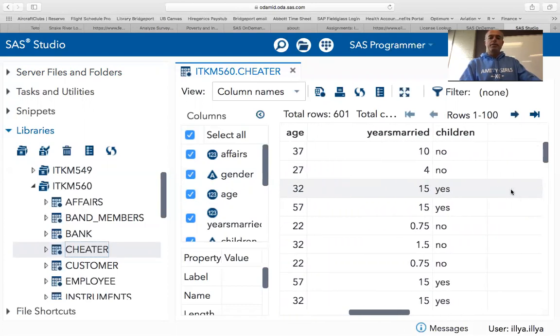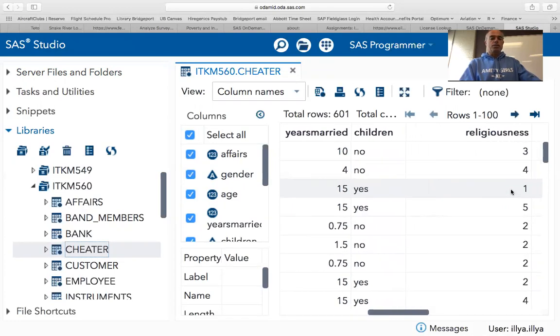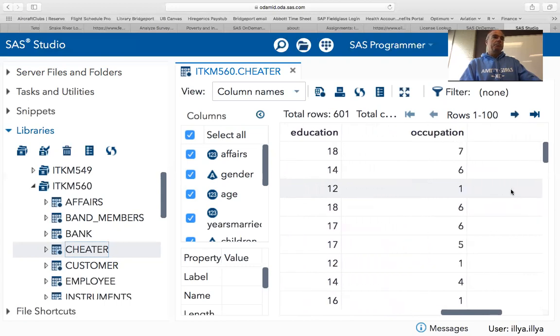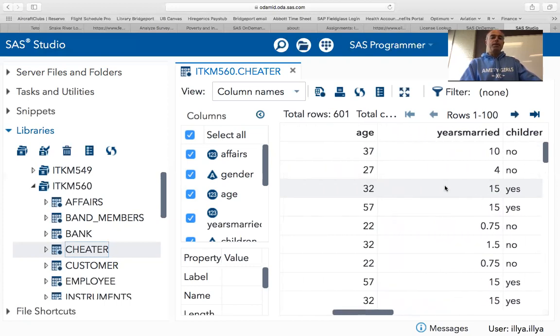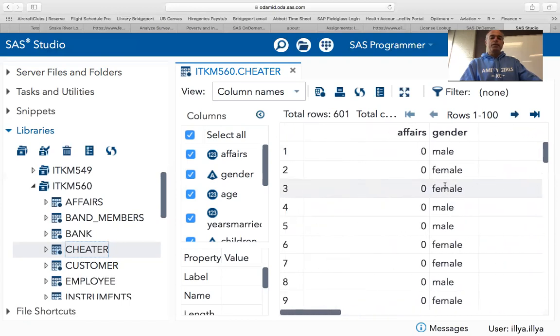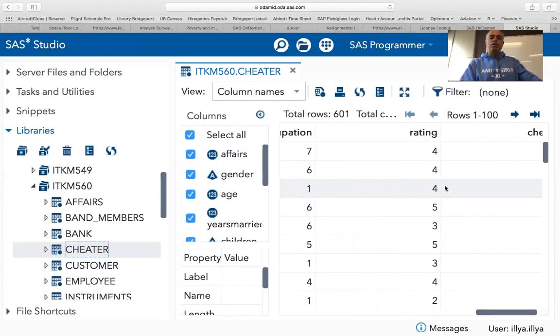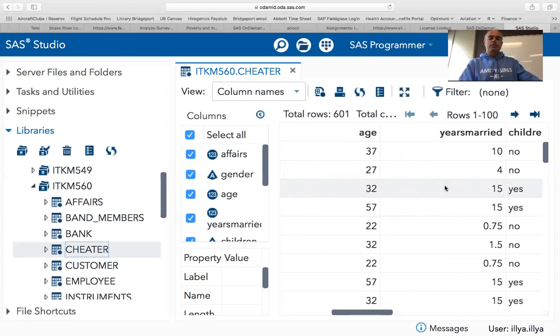Gender, children, and occupation is a category. Between gender, children, and occupation, what do you find most interesting to know if there's a relationship between cheating and what? And gender.